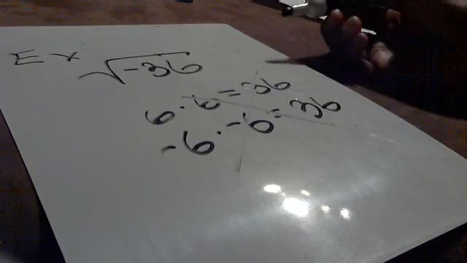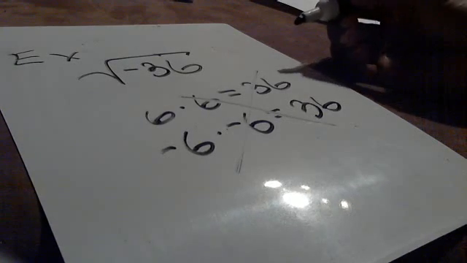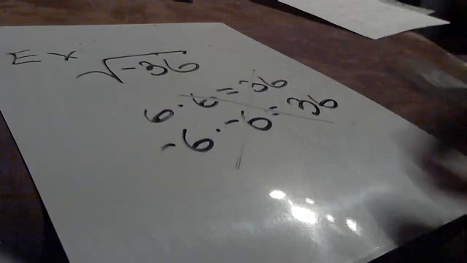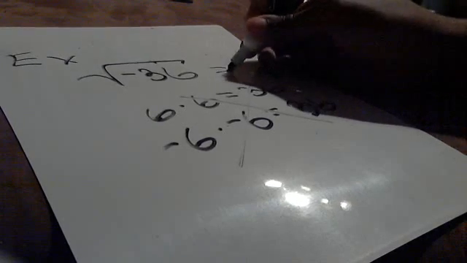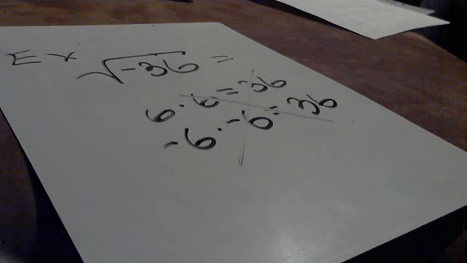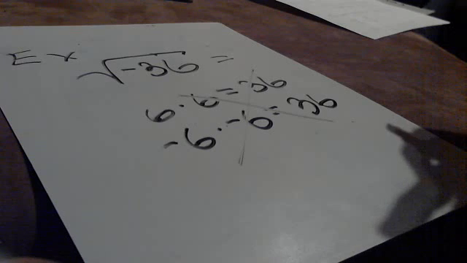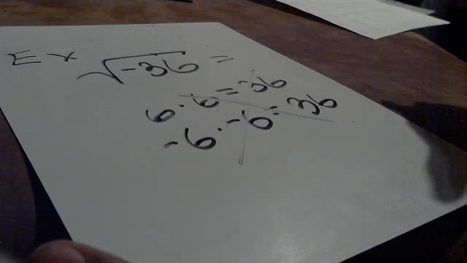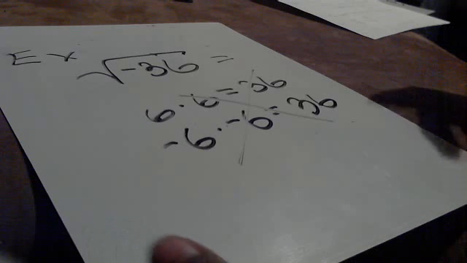So what is the square root of negative 36? Well, that is something that we're not necessarily going to get into during our time together. It's an imaginary number. So what is the point?